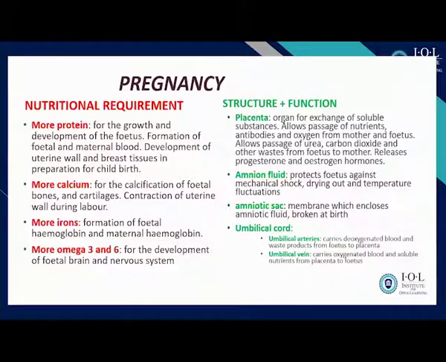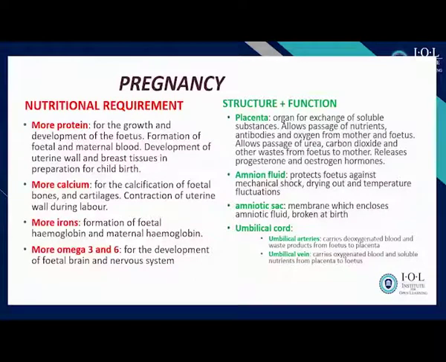We already talked about blood, but remember, red blood cells cannot be formed without iron. So it is also needed for that. Then more omega-3, more omega-6 for the development of the fetal brain and the nervous system. So whenever you are discussing the nutritional requirement of a pregnant lady, remember to add more, because you are comparing her to a lady that is not pregnant.